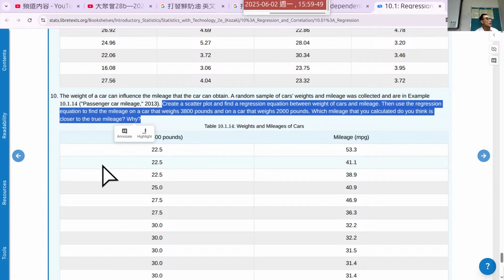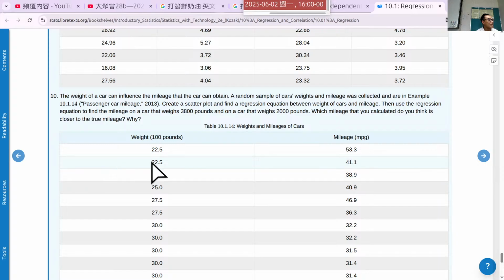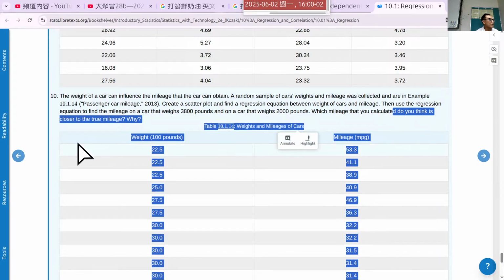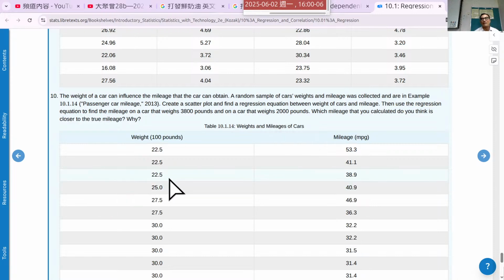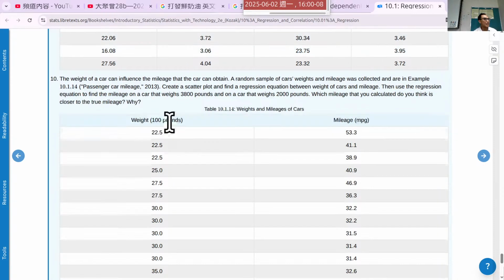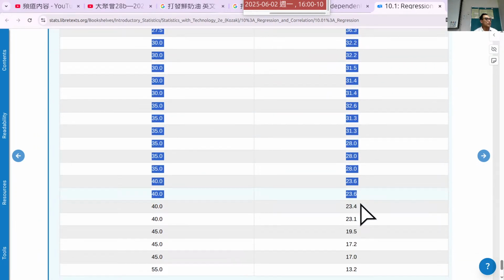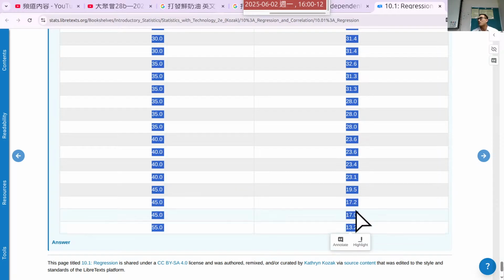Then use the regression equation to find the mileage of a car that weighs 3,800 pounds. Please think about which is closer to the true mileage, and why. Then you will visit the website, select the range and copy and paste it into your Google Sheet, then solve the question.